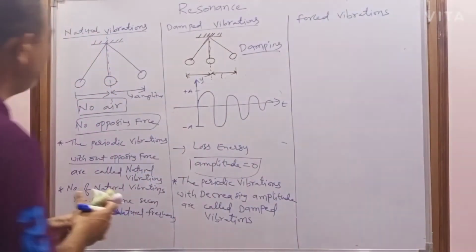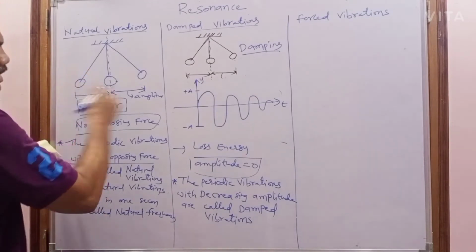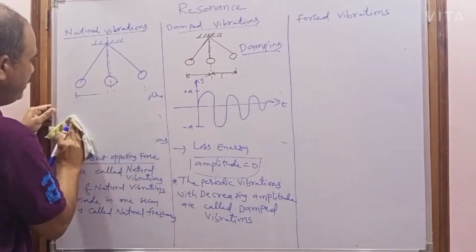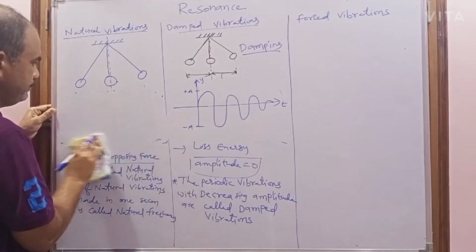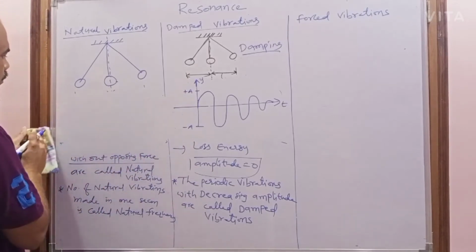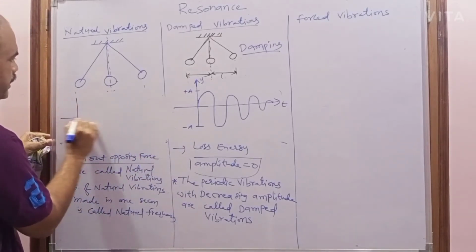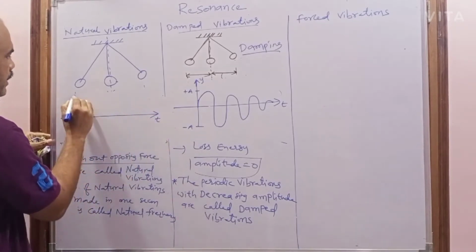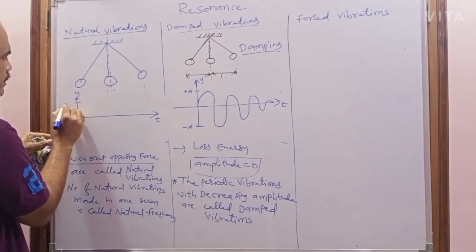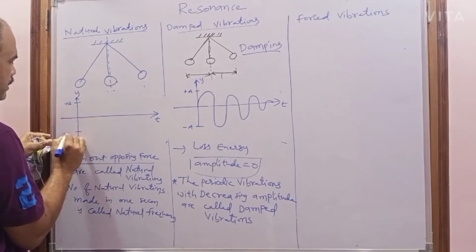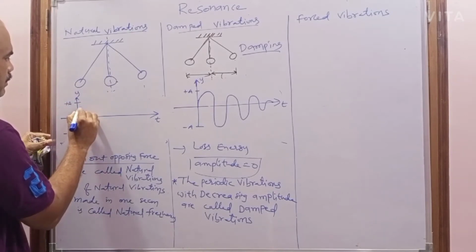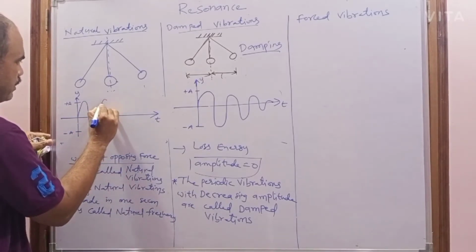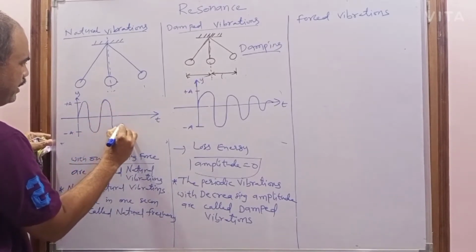When I draw the displacement versus time graph for these natural vibrations, I take the time on the x-axis and the displacement on the y-axis. Let's say this is minus a. Now this amplitude will always be constant. It never decreases.